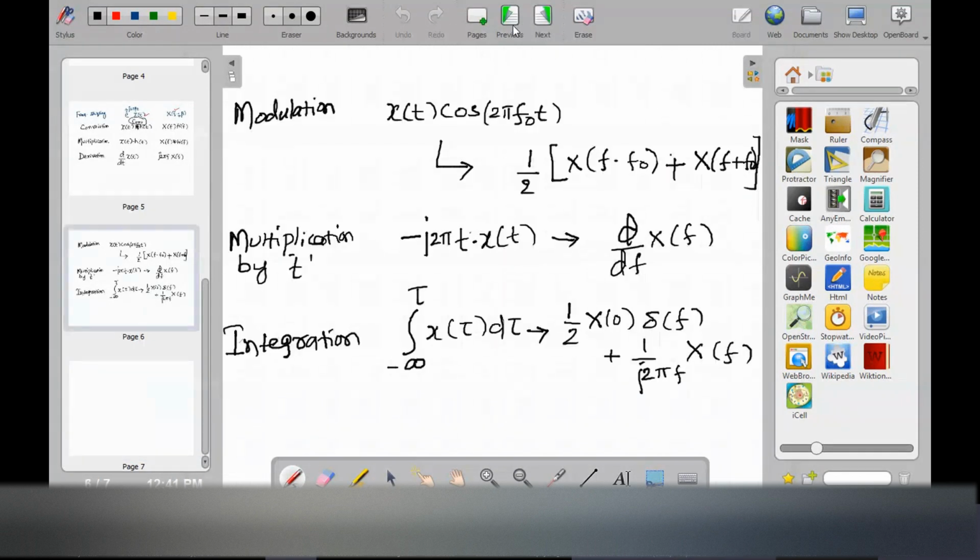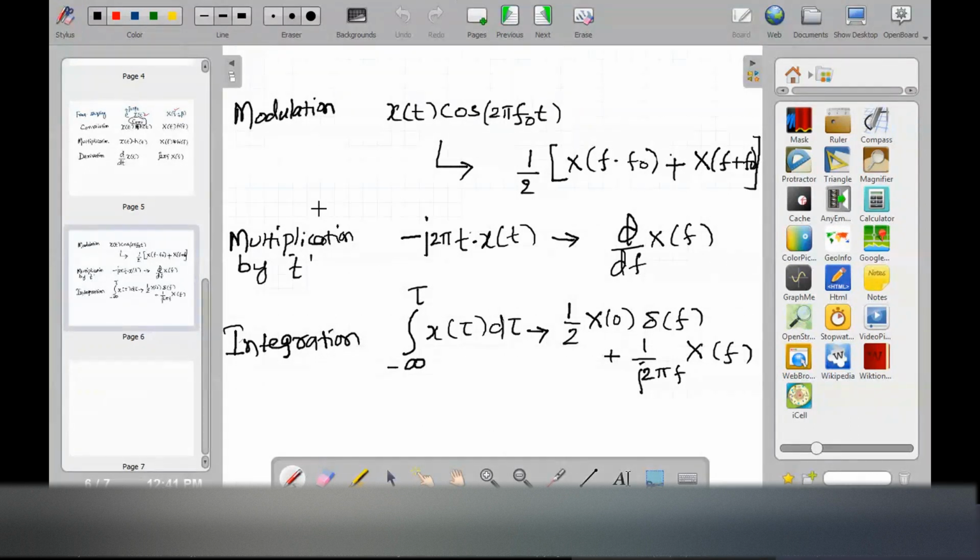The previous page. Okay, just you copy it. Sir. Hello.